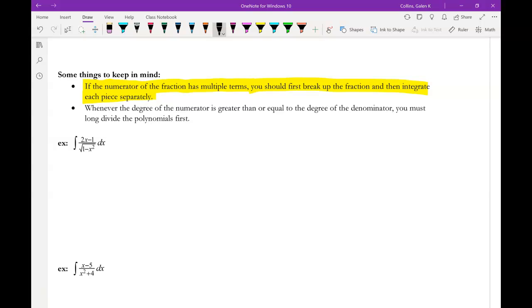So for my first example, to break up the fraction, I could split the terms in the numerator, not the denominator. So I could rewrite this as the integral of 2x over the square root of 1 minus x squared minus 1 over the square root of 1 minus x squared.